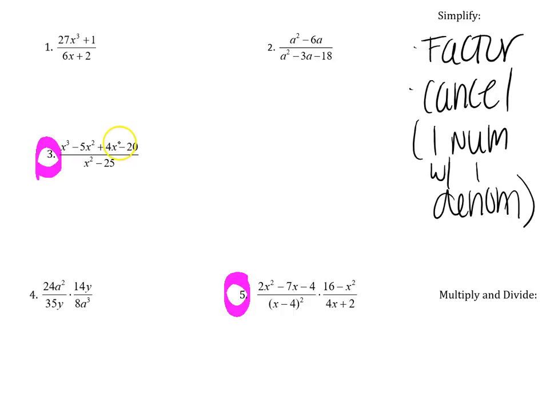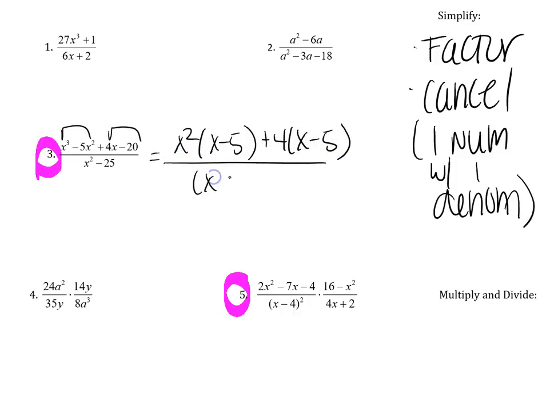The numerator, I'm going to guess I have to factor by grouping here because there's 4 terms. Okay, and I was right. Here's my common binomial, so I'll write this as x minus 5 times x squared plus 4.